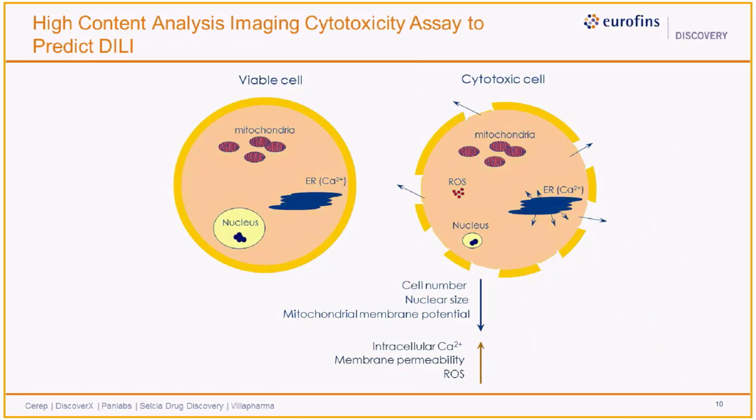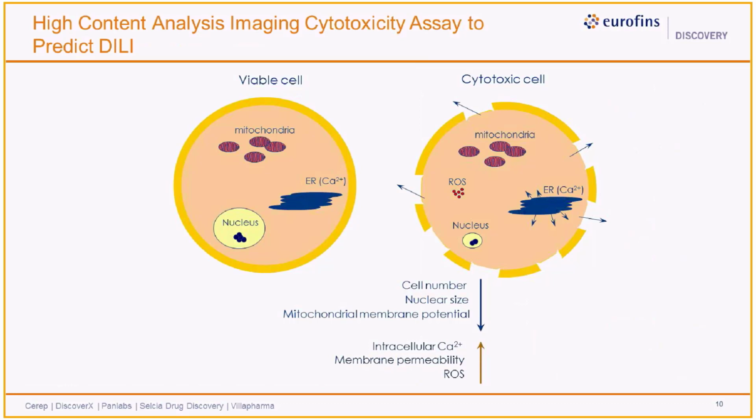In general, we will see the decrease of cell number due to cell death or inhibition of cell proliferation. We also may observe decrease in nuclear size, which is the result of chromatin condensation, one of the hallmarks of apoptosis. Decrease in mitochondrial membrane potential indicates mitochondrial dysfunction.